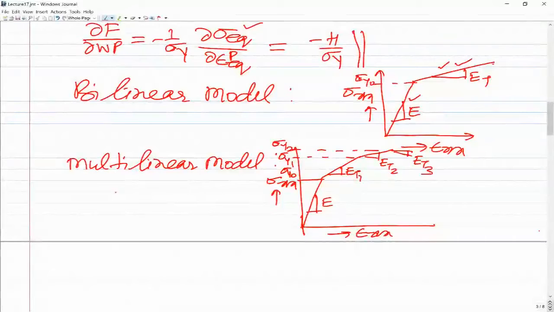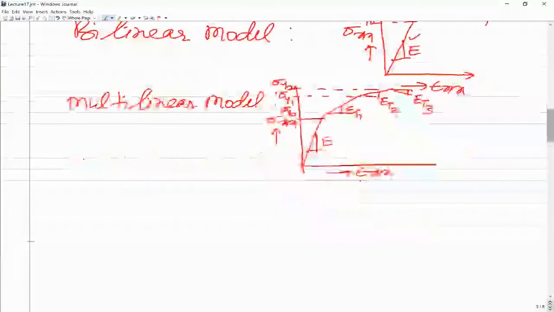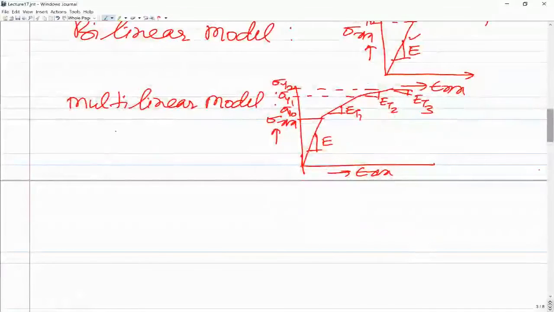So you can also approximate the actual stress strain curve in this fashion, and then you can do your elastoplastic analysis for this. So this is what I wanted to discuss in the von Mises yield criterion, associative flow rule, and isotropic hardening.